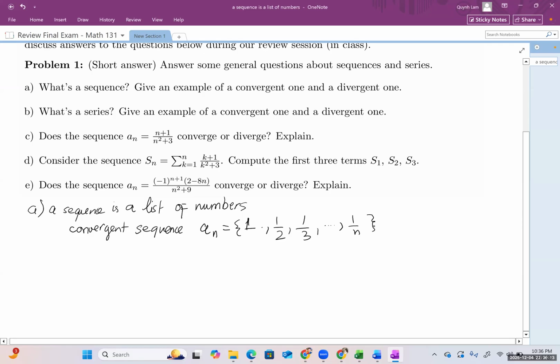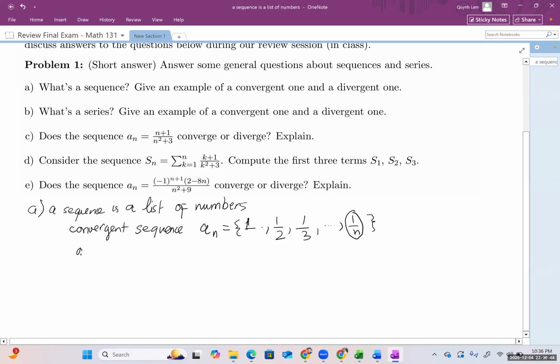In order to know if the sequence is convergent or divergent, you just need to take the limit of the general form. And as n goes bigger and bigger, this goes to zero. So this converges.